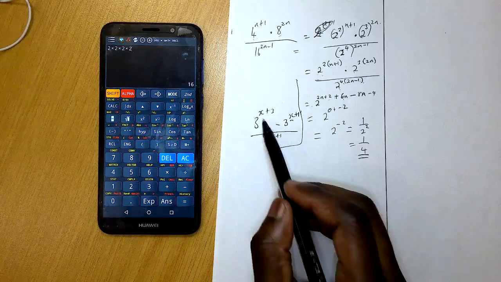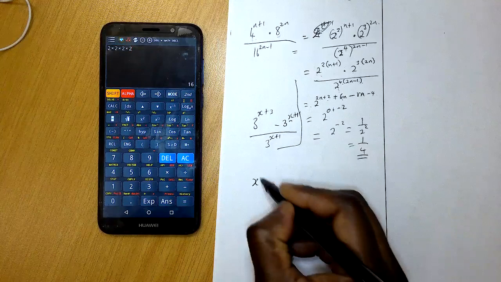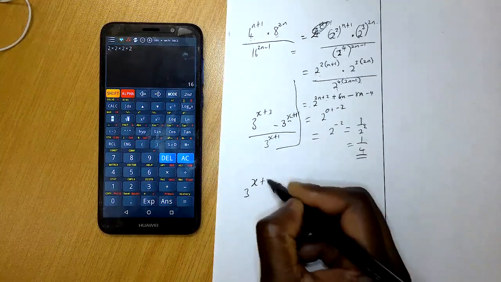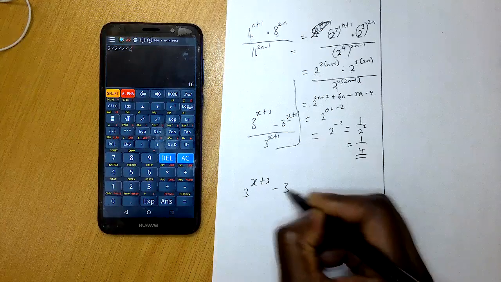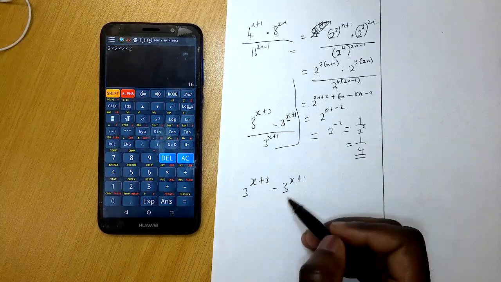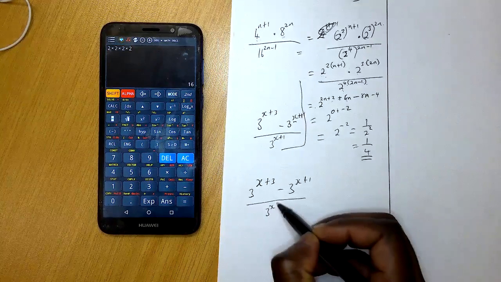Now here again, you can be given something like this: 3 to the power of x plus 3 minus 3 to the power of x plus 1, over 3 to the power of x plus 1.